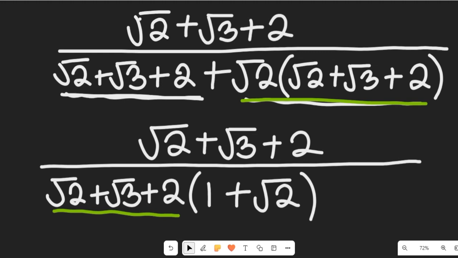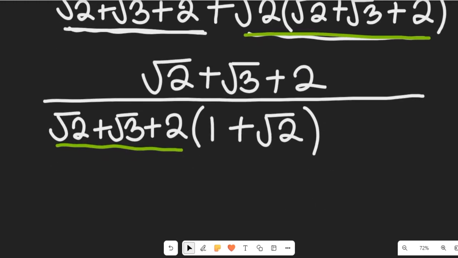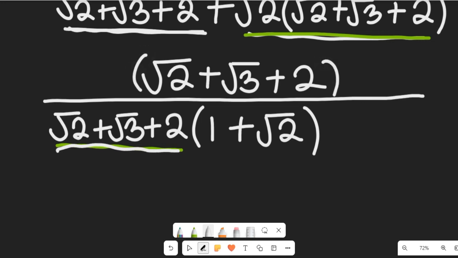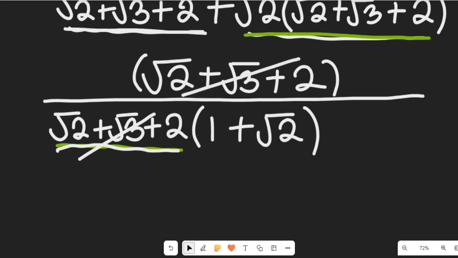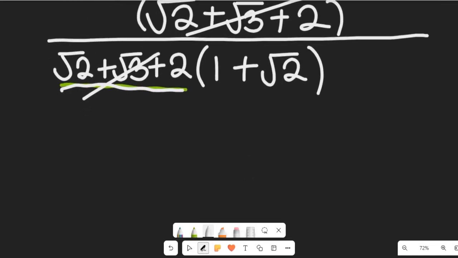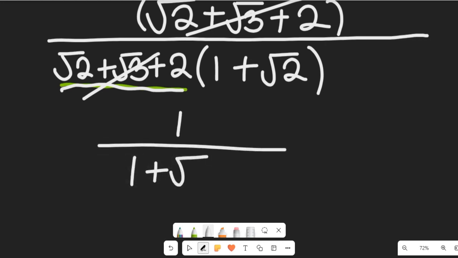So we have two common expressions, and what they will do is clear this, and then we will be left with 1 divided by 1 plus root 2. And that is more of our solution.